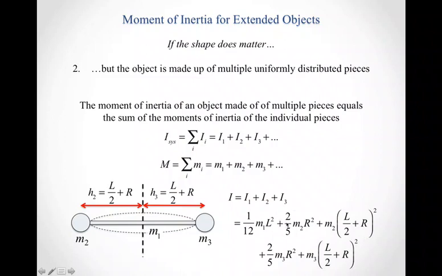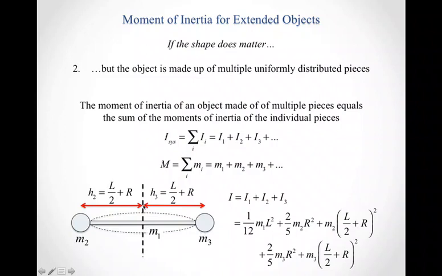Mass 3 is an identical uniform solid sphere that again is sitting a distance half the length of the rod plus the radius of the sphere away from the axis that it's actually rotating around. So I'm going to treat mass 3 exactly the same way I treated mass 2. Go look up the equation to calculate its moment of inertia about an axis through its center of mass, but then recognize that that's not the axis it's actually spinning around.